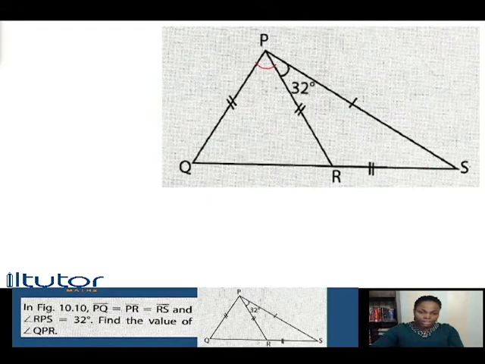RPS is the base angle of this triangle RPS, and this RSP is also one of its base angles. So if this angle here is 32 degrees, since line PR and line RS are equal, it also implies that this angle is 32 degrees.